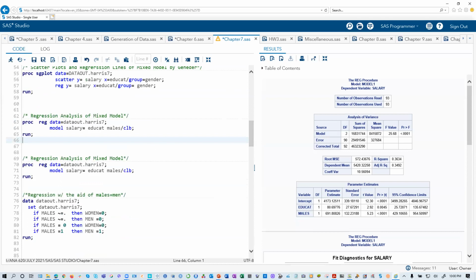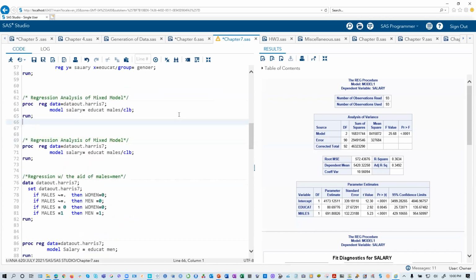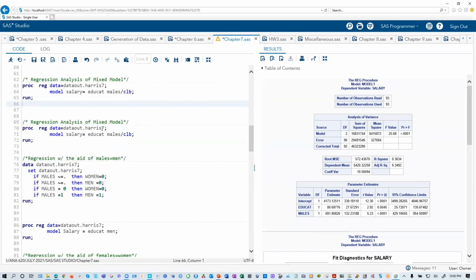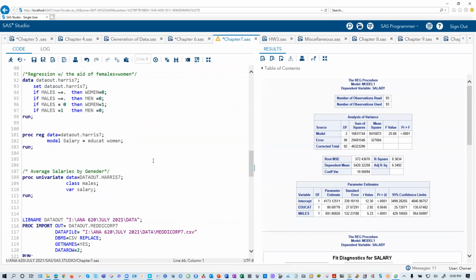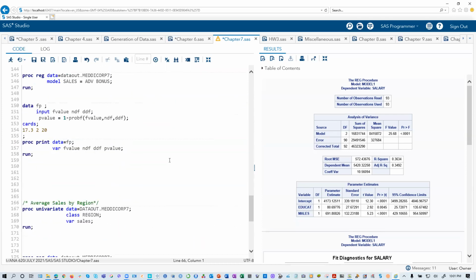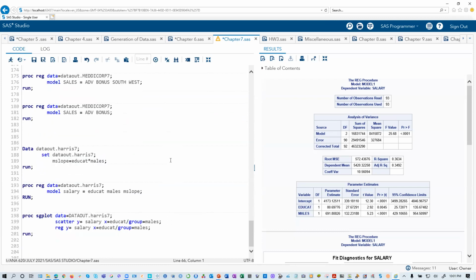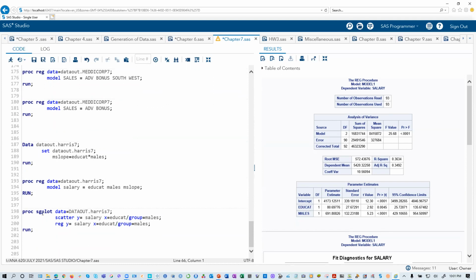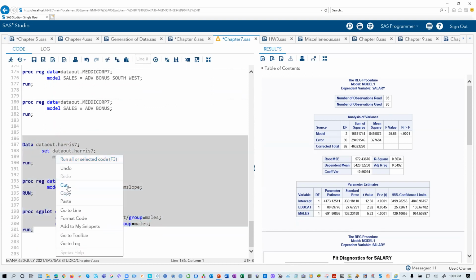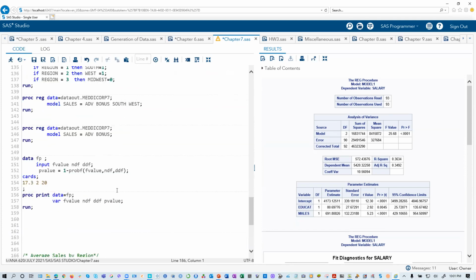Males. Do we have that one? Equation for the mixed model. The males. I think I'm going to get this one to the top. I'm going to cut and paste this under the Harris data.